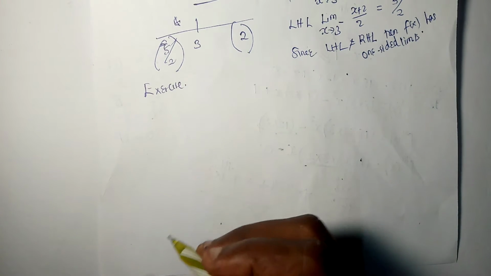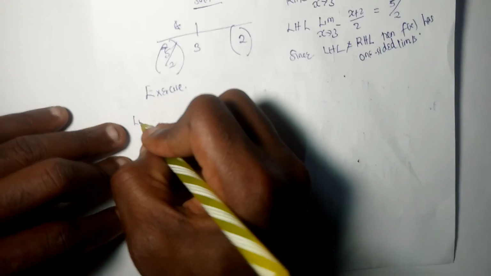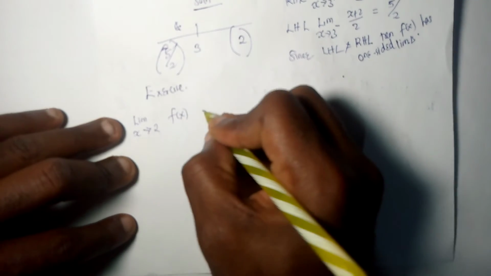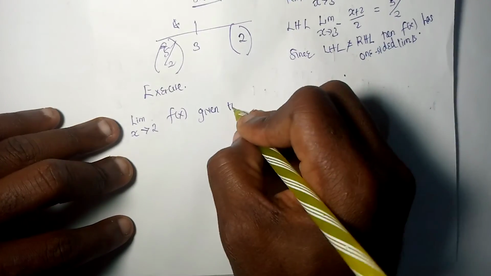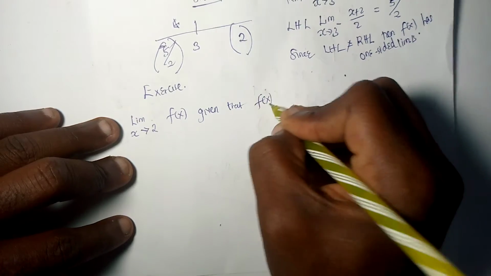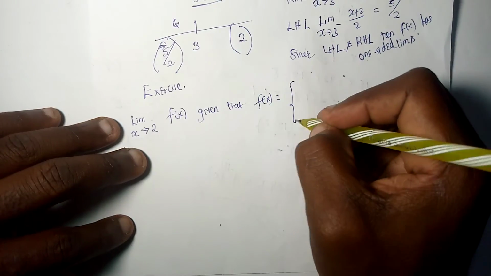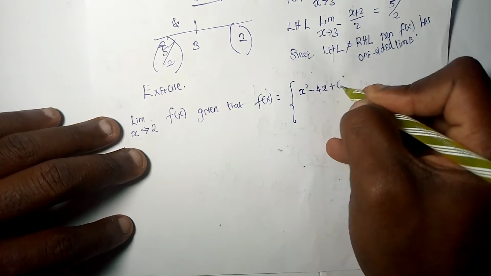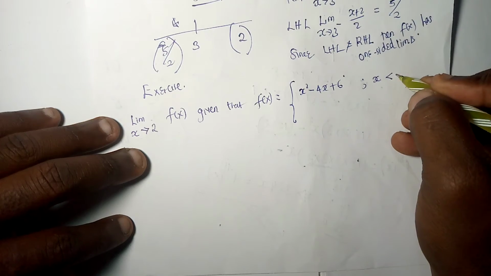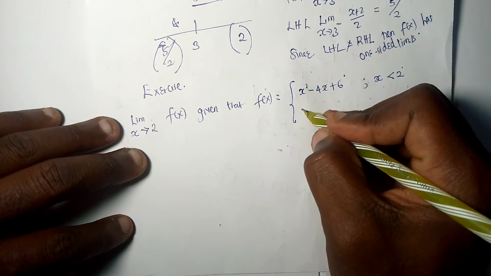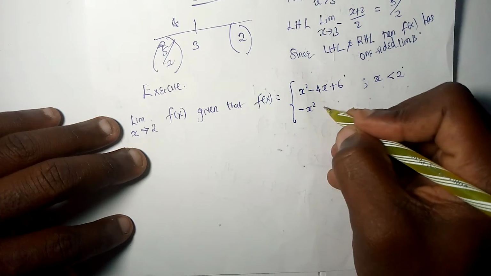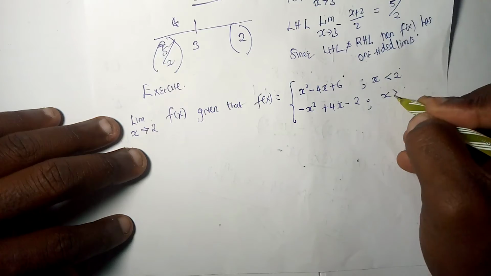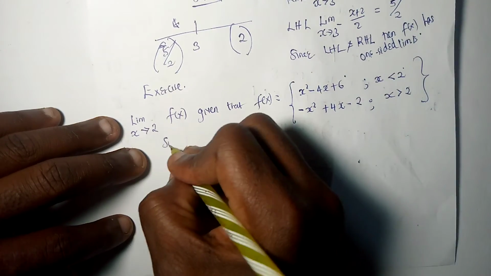You are told it's limit as x approaches 2 of f of x, given that f of x is equal to x squared minus 4x plus 6 when x is less than 2, and minus x squared plus 4x minus 2 when x is greater than 2. So solution.